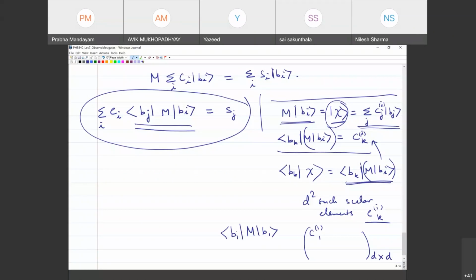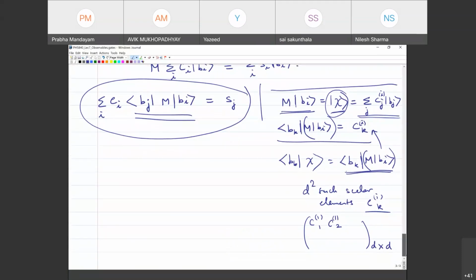C12 is the action of M on B1 with the overlap taken with B2, and so on and so forth. So you can populate this D cross D matrix in this form, and this gives me the matrix representation of M in the Bi basis.